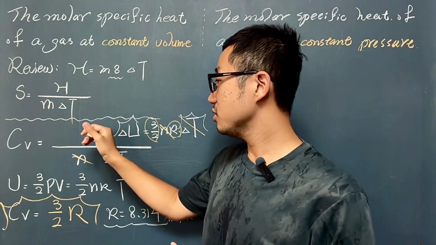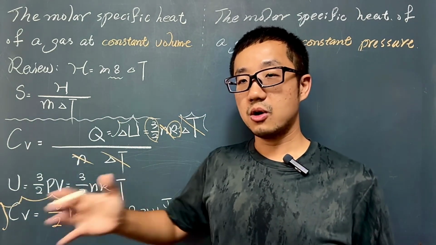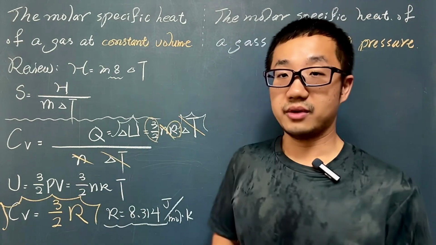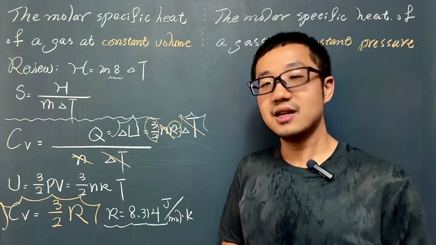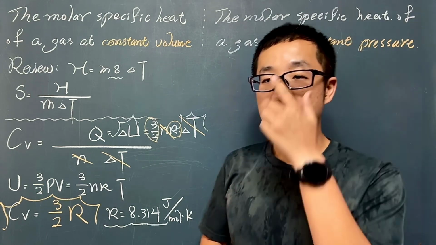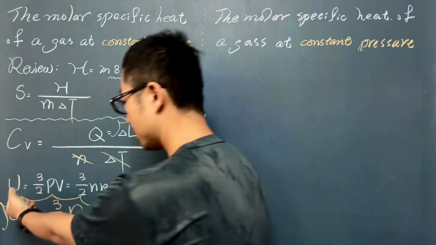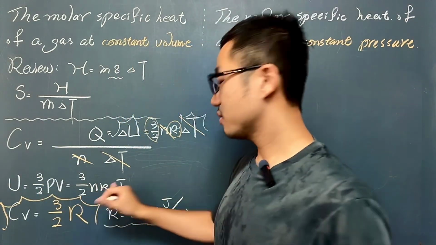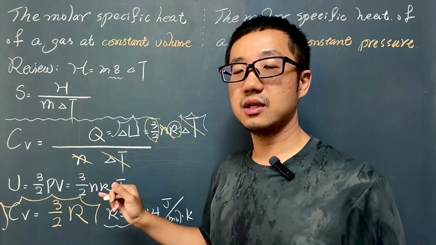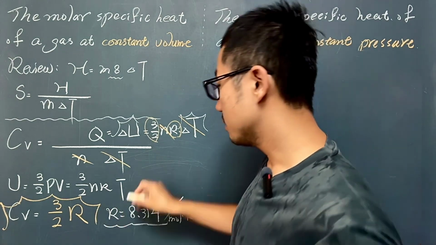So the heat you absorbed will all be related to the change in internal energy. So that's how we get C sub V is 3/2 R. So next time when you want to express the internal energy, 3/2 nRT is no longer the only choice.